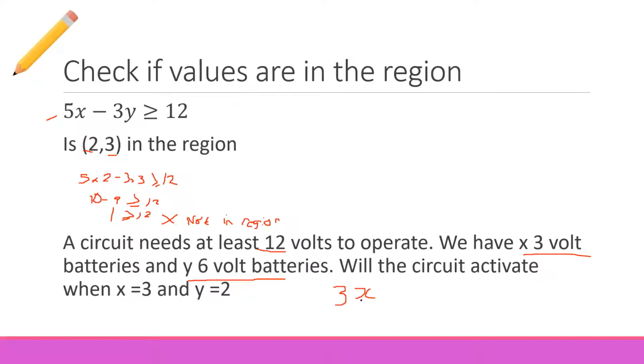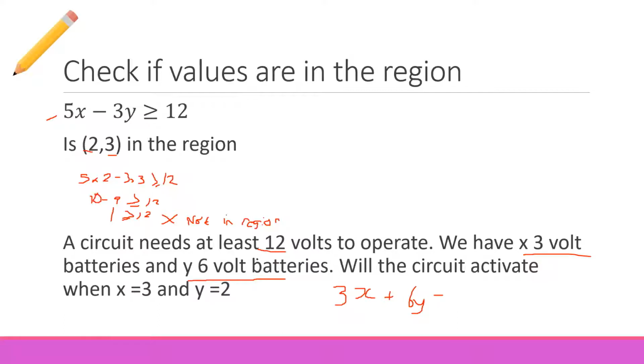If I had 2, I'd have 6 volts. 3, I'd have 9 volts. 4, I'd have 12 volts. If I add on my 6-volt batteries, in this case we've got 6y. If I've got one 6-volt battery, it would be 1 times 6. But two 6-volt batteries would be 2 times 6.